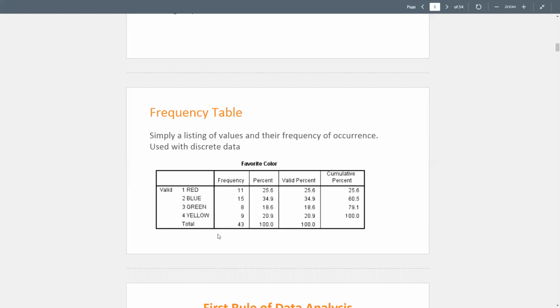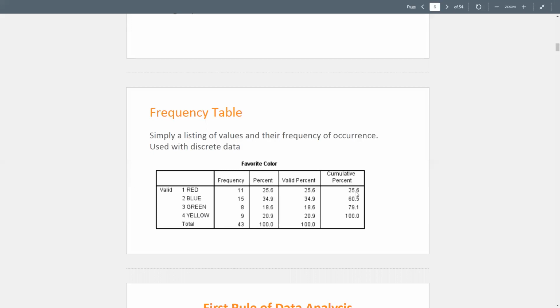Say we actually surveyed 45 people, but 2 people didn't respond to what their favorite color was. The valid percent would be based only on those who replied to the question, so those who had a valid case, where the percent would be based on the grand total.